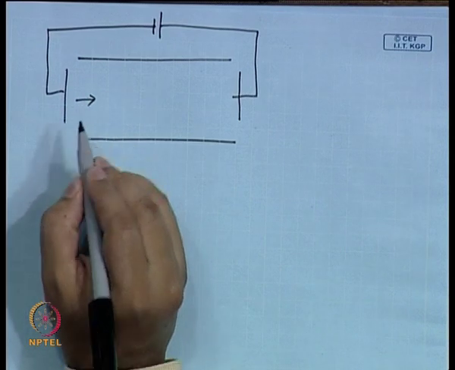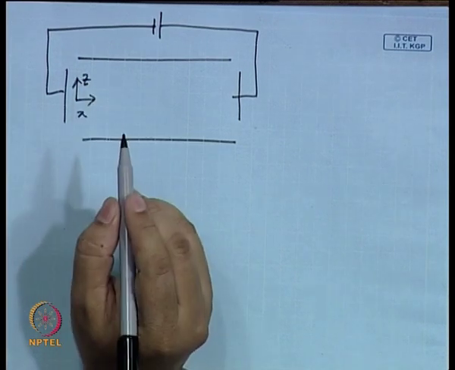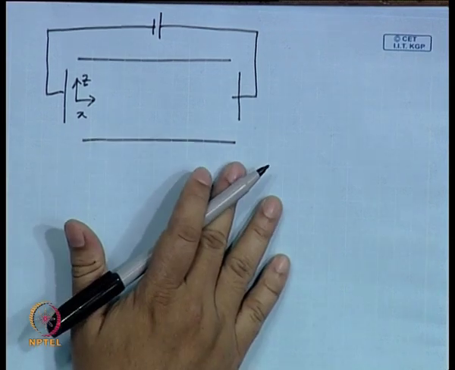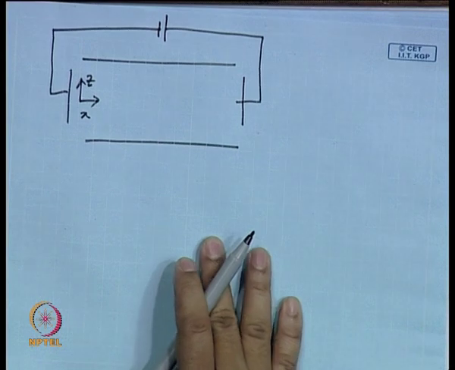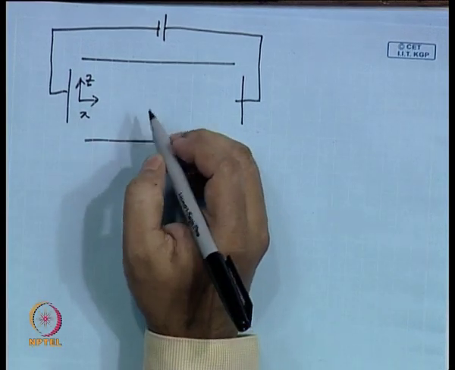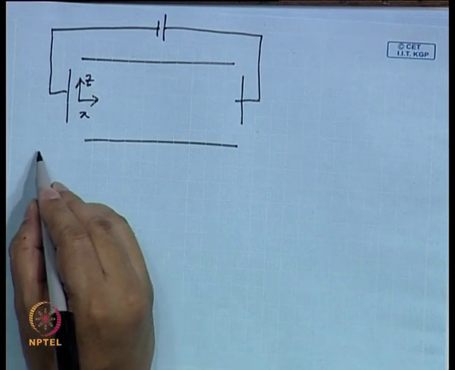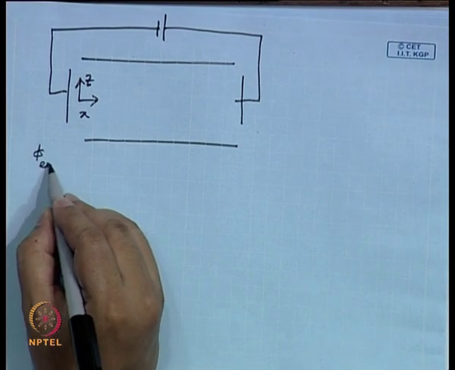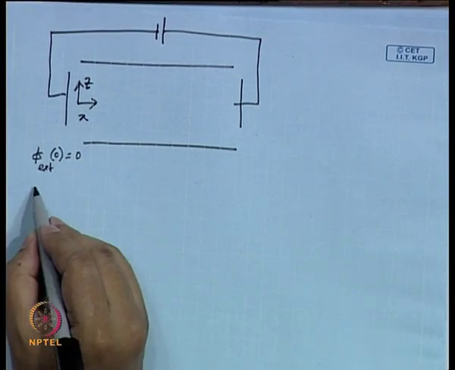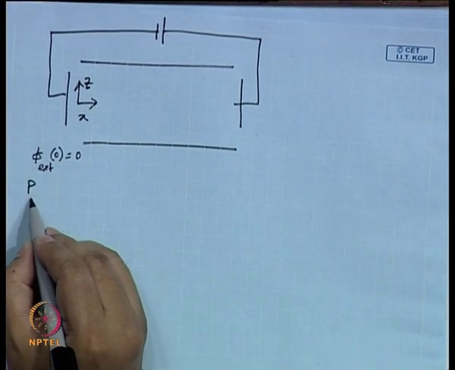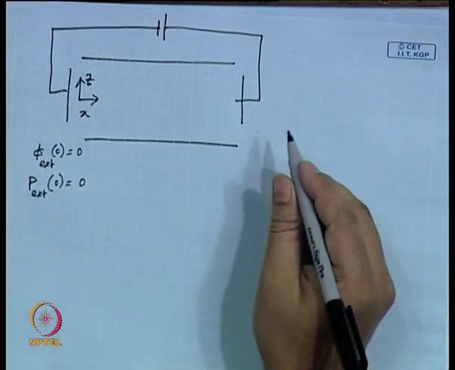This direction is x, this direction is z. All right. And you have phi external at x equal to 0 is 0, p external at x equal to 0 is equal to 0.